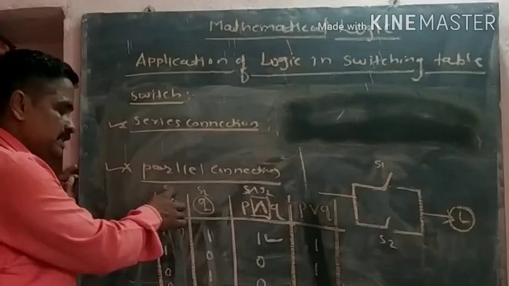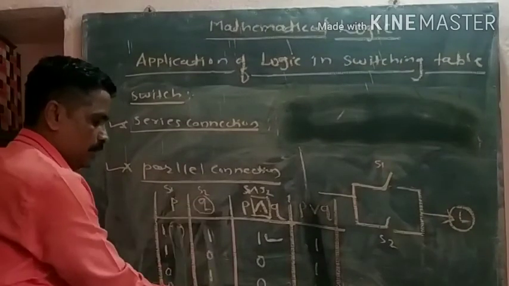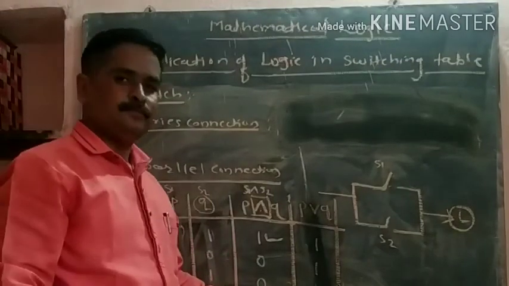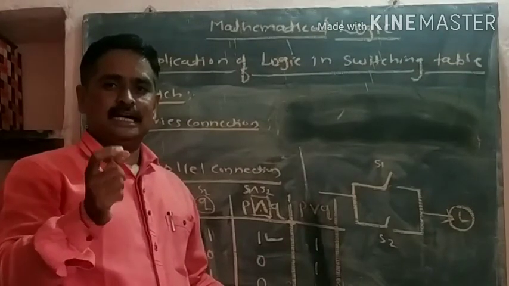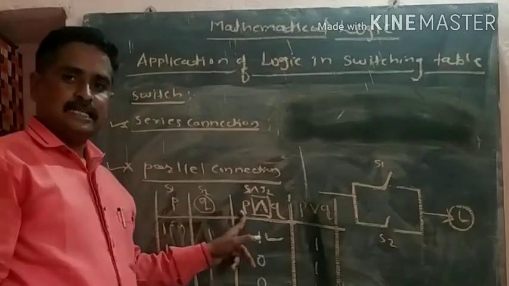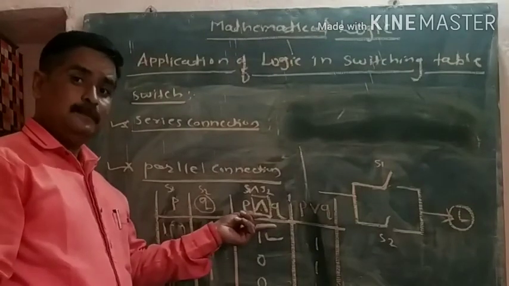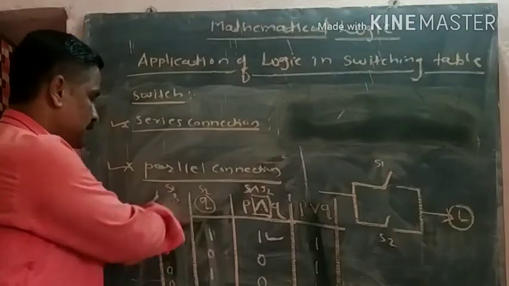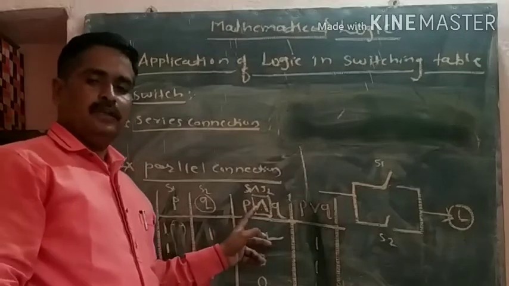That means switch S1 is open, S2 is open, then current does not flow in a parallel connection. In a parallel connection, if both switches are open, then current does not flow. In a series connection, current flows if and only if both switches are closed. That means P is closed and Q is closed, then current will flow.